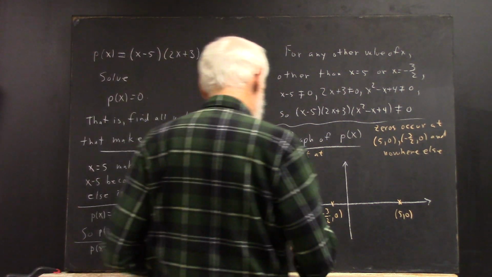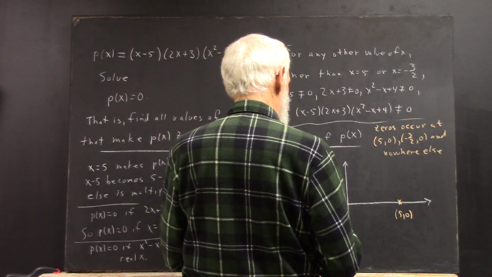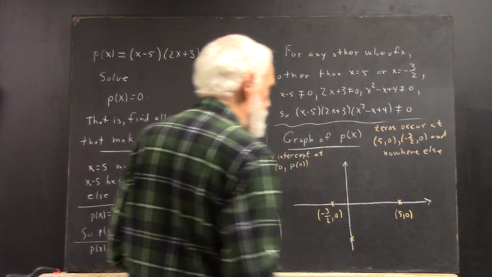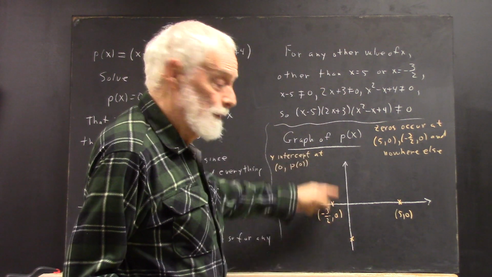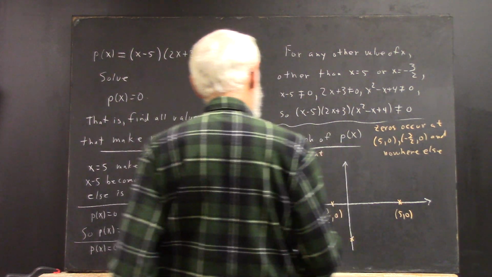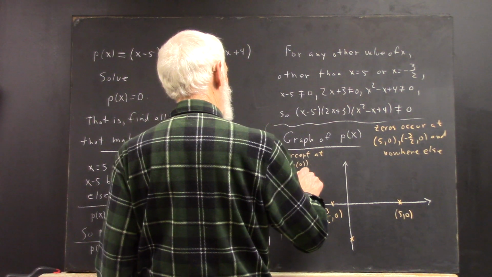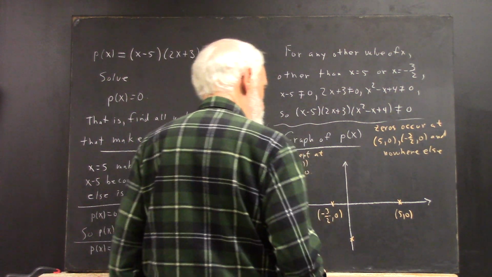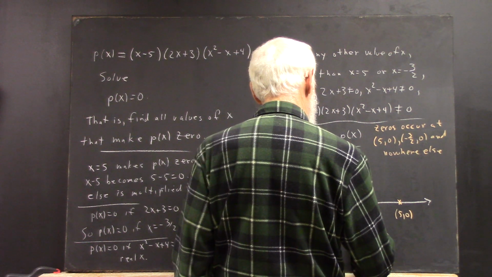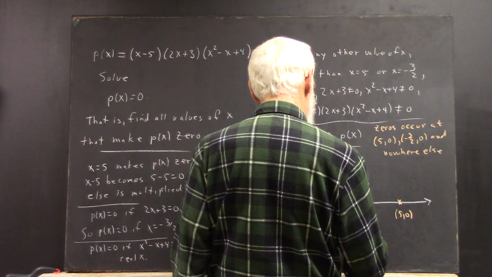So now we know that the graph is going to be at -60 when x equals 0. So we get the point (0, -60).